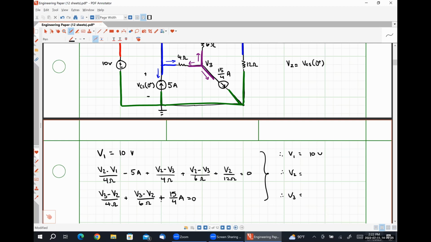My coefficient for V2 is -1/4 minus 1/6. My coefficient for V3 is 1/4 plus 1/6. And my constant term will be -15/4.